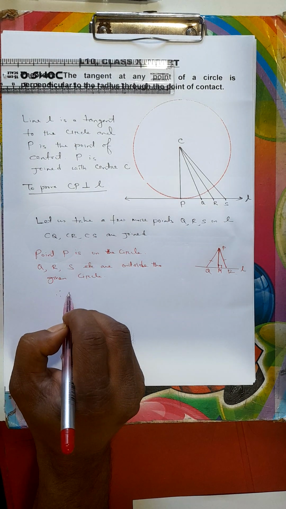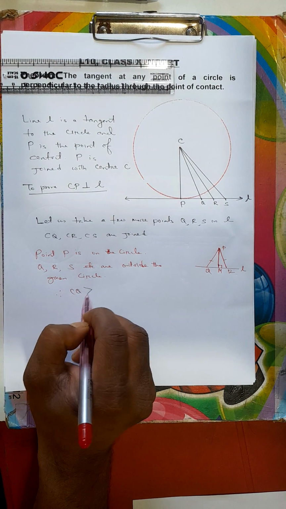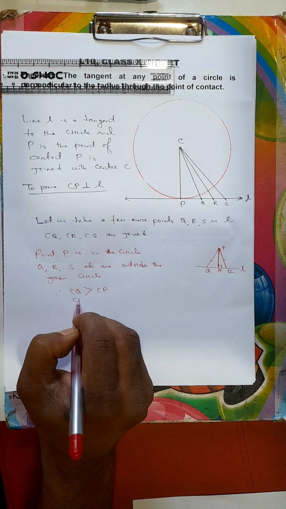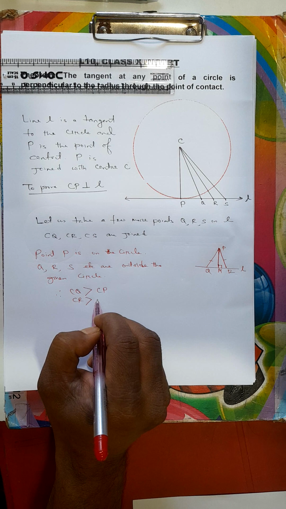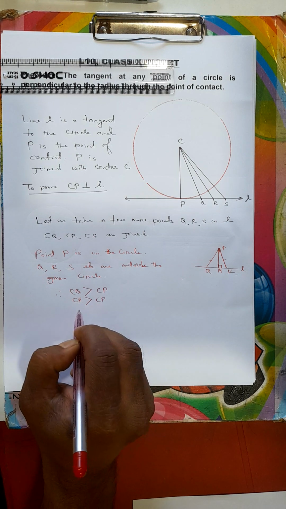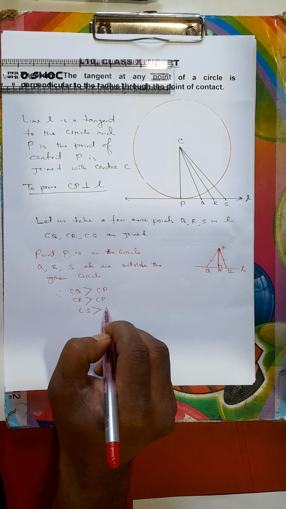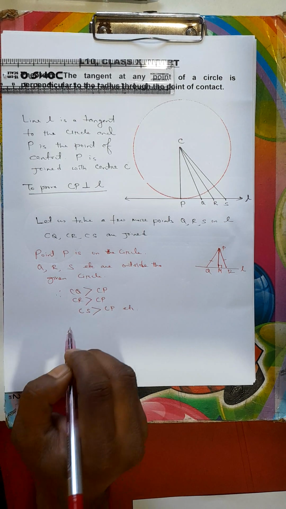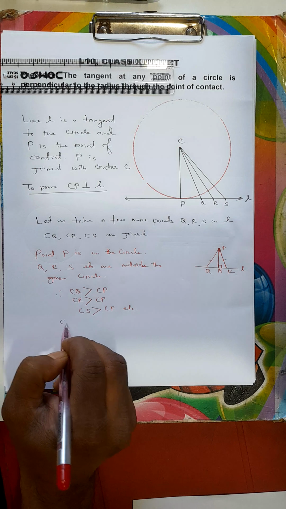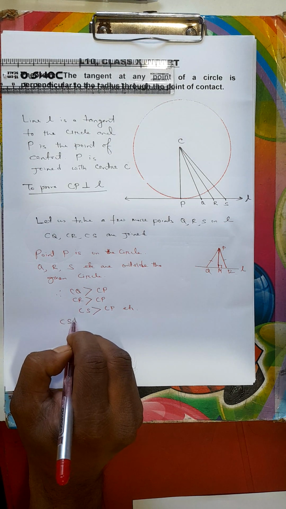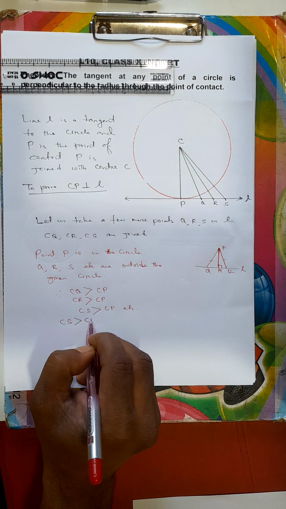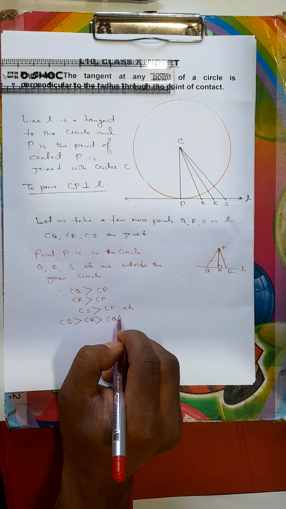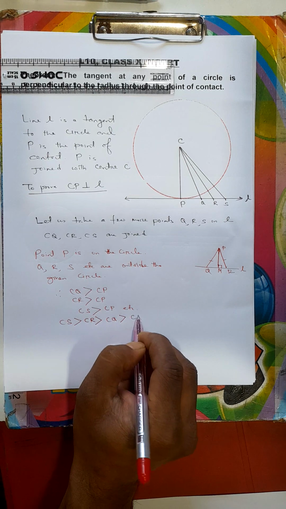Therefore, CQ is greater than CP, CR is greater than CP, CS is greater than CP, etc. In fact, we can say CS is greater than CR, greater than CQ, greater than CP, right?